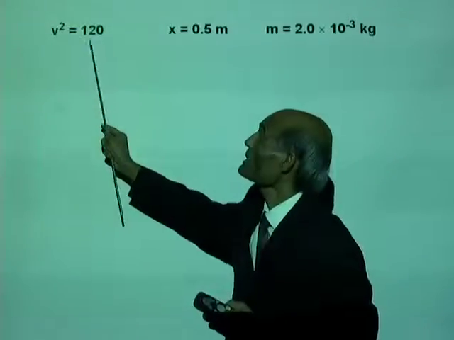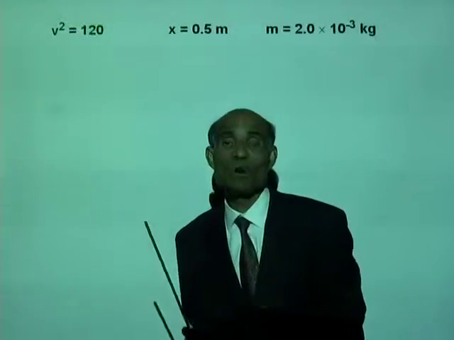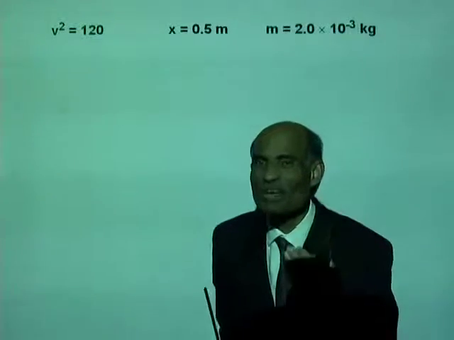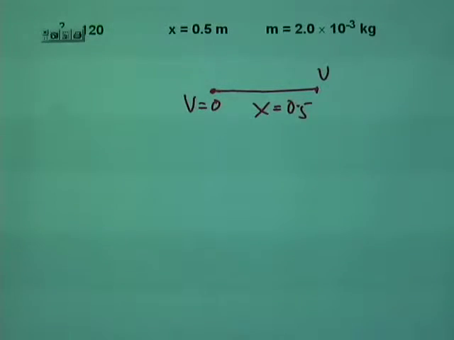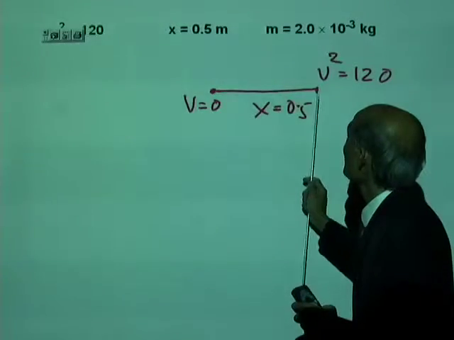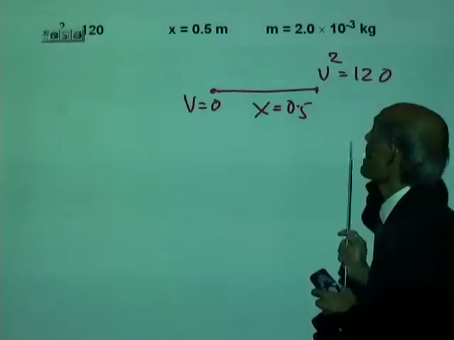And we will now carry the value of v squared. Now tell me, if you know the value of v squared, can you find the acceleration of the object? Well, when the object is here outside the field, its velocity is 0. Now, after it traveled a distance x equal to 0.5 meter, the v squared here is 120. We know the distance it traveled, the initial velocity, and the square of the final velocity.